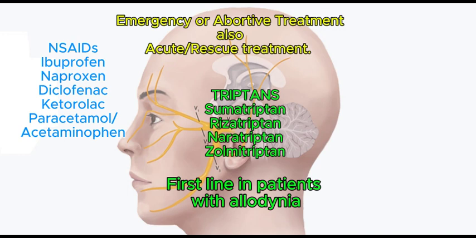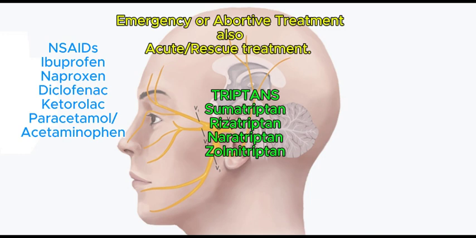For instance, sumatriptan, given as subcutaneous injection 6 mg, or nasal spray 20 to 40 mg, or nasal powder 10 to 30 milligrams for 24 hours, or orally 50 to 100 milligrams once a day, or zolmitriptan 10 milligrams every 24 hours, nasal 2.5 to 5 milligrams in a single dose.